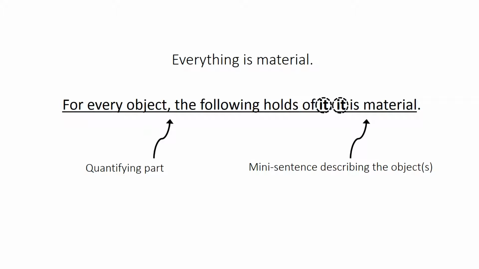Notice that the pronoun it shows up in both of those parts. That's not a coincidence. There's going to be a semantic link between those two occurrences of it. I tell you, for every object the following holds of it. It, that same object I was just talking about, it is material.